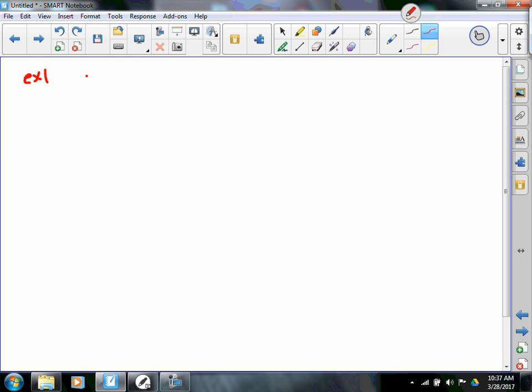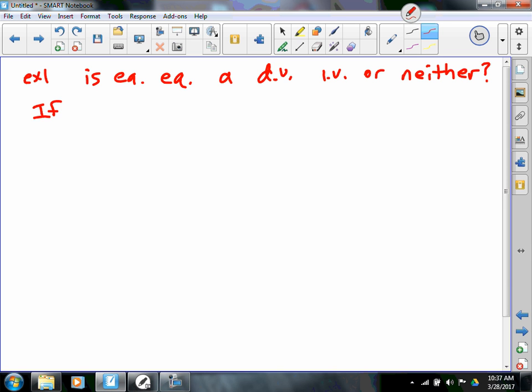Example 1: Is each equation a direct variation, inverse variation, or neither? I'm going to abbreviate, sorry for the abbreviations. If it's a direct variation, write the equation.